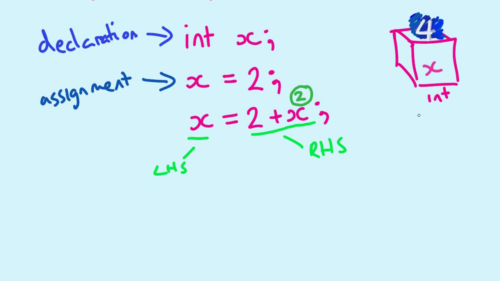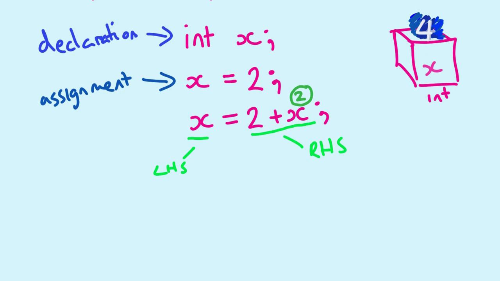So on the right-hand side, we have 2 plus x, and the value of x before this line was 2. So we have 2 plus 2, which gives 4, so 4 is stored in our x.